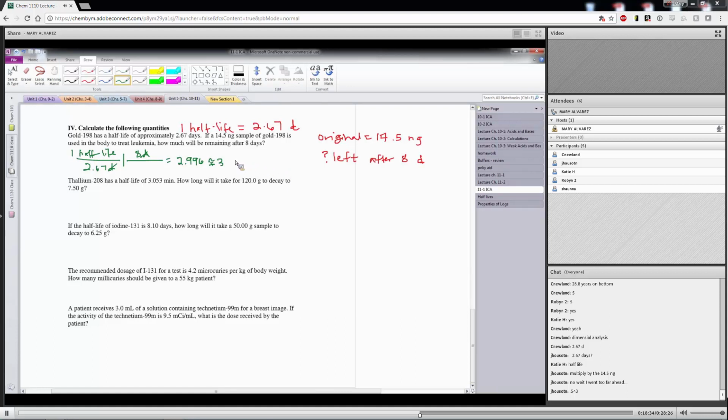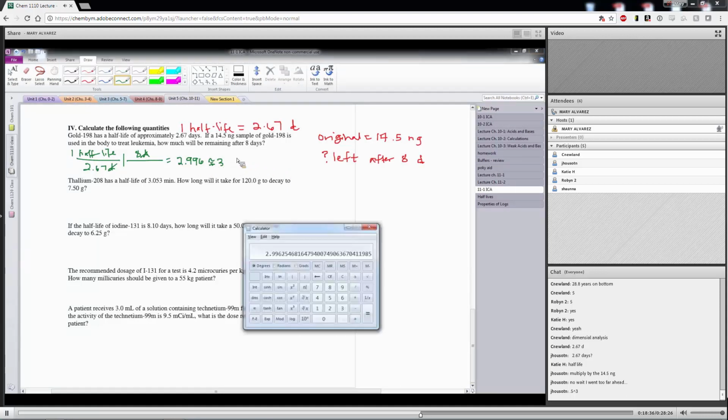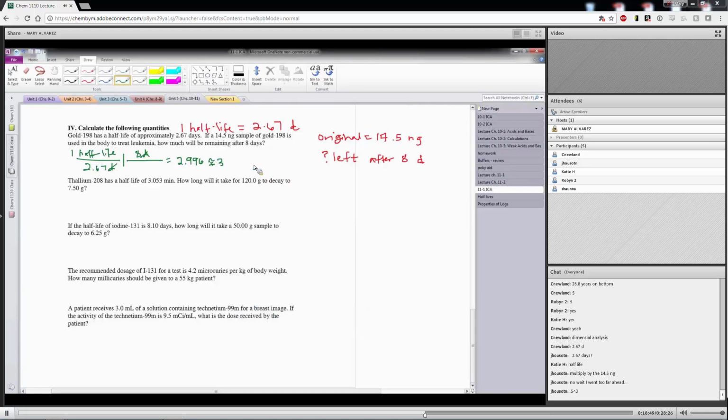Excellent. 1/2 raised to the third, or 1/2 raised to the 2.996. 0.5 raised to the third gives us a fraction of 0.125 remaining. So 1/2 raised to the third equals 0.125.